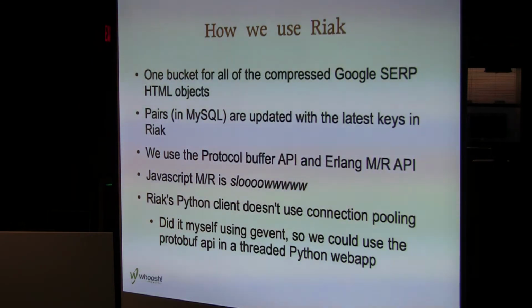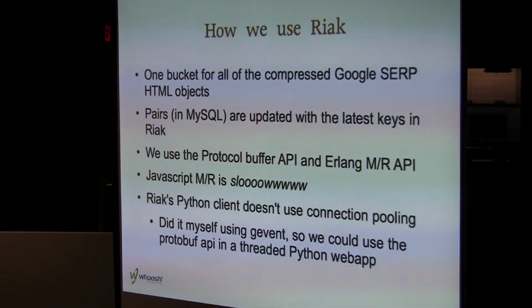So that was fine, but the HTTP API is really slow. You only want to use it for test cases and that stuff. The real fast interface is the protobuf. And then I also found out that the JavaScript MapReduce API is just slow. If you're going to write something in production, you shouldn't use that at all.